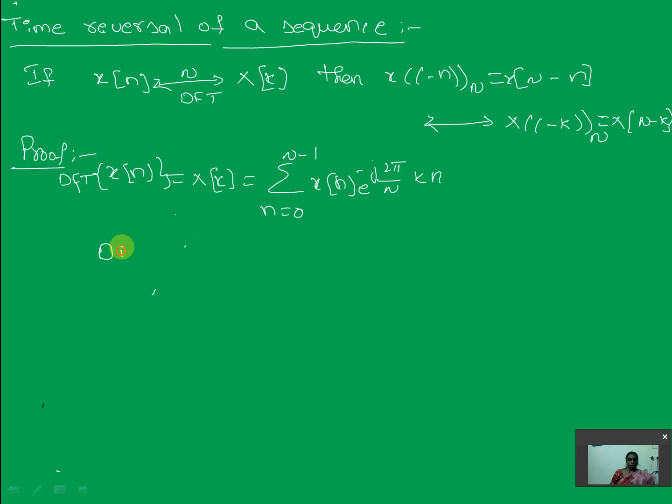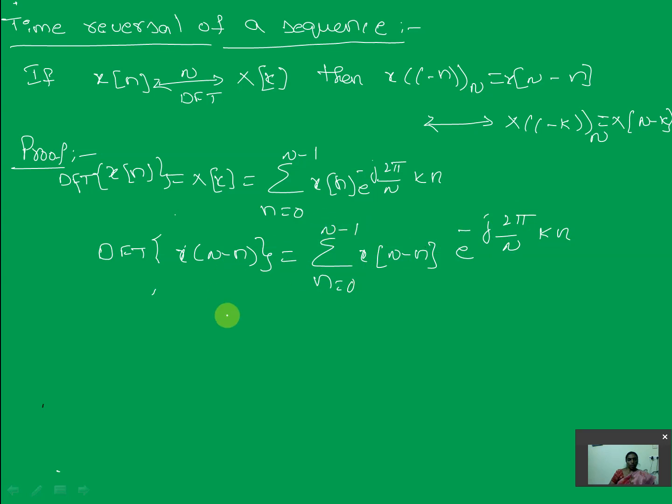Now here we need the DFT of x of N minus n. So instead of the sequence x of n, use the sequence x of N minus n into e power minus j 2 pi by N kn, where n is 0 to N minus 1.